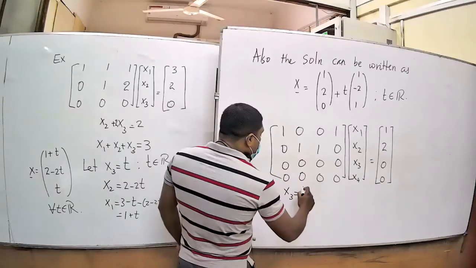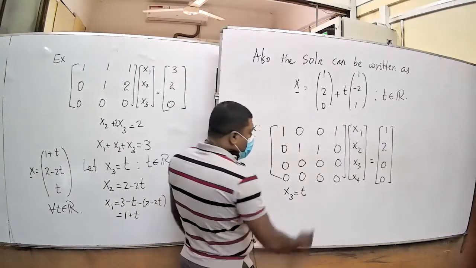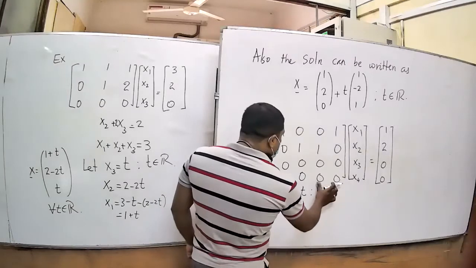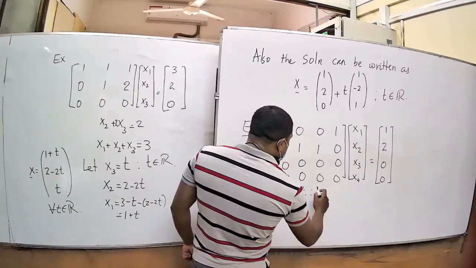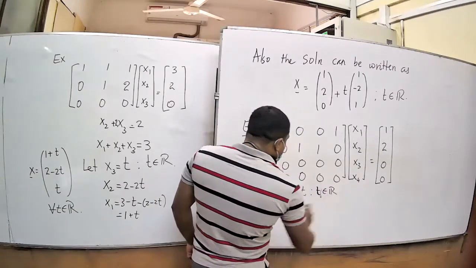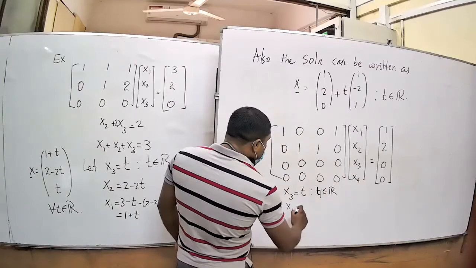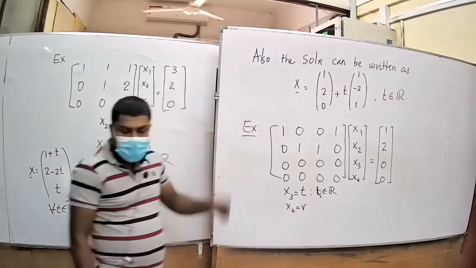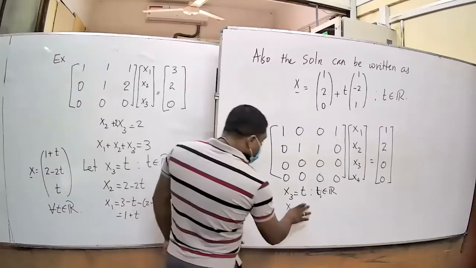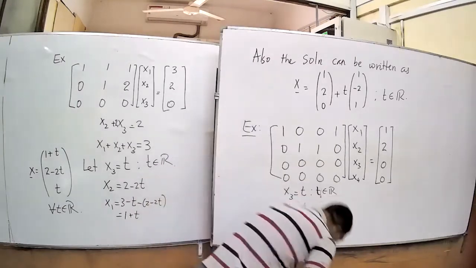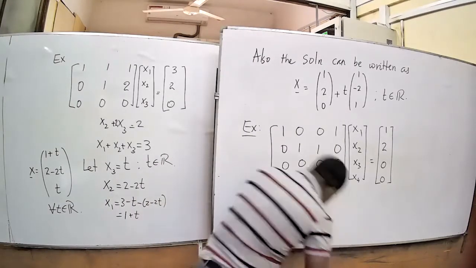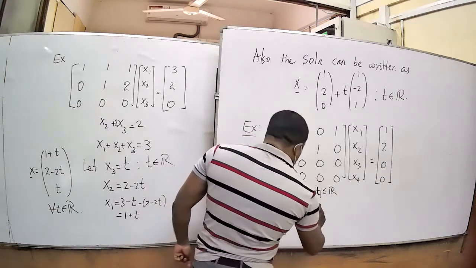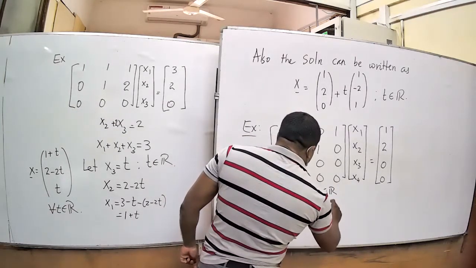So you can take x3 as a t, where t belongs to real number, and x4 is something else, r or s, let's say s, where s is another real number.